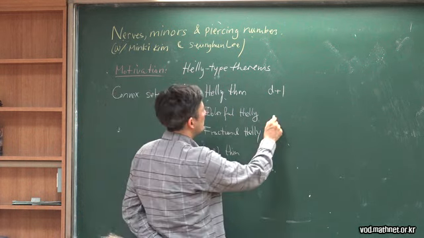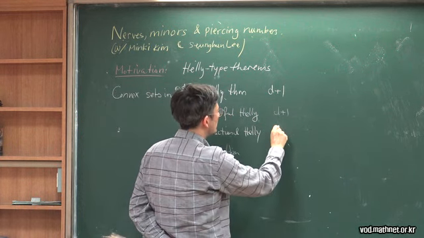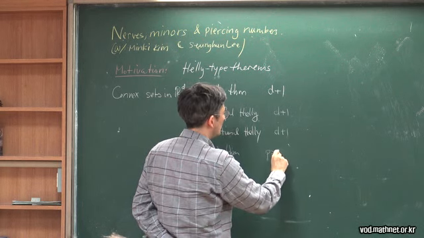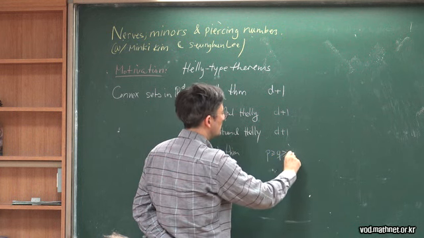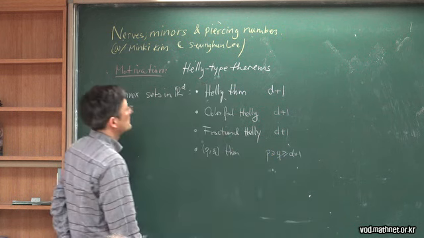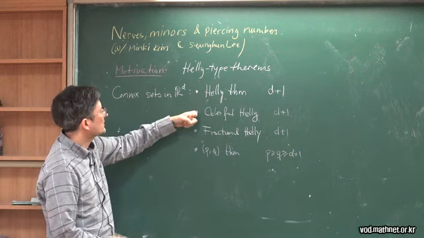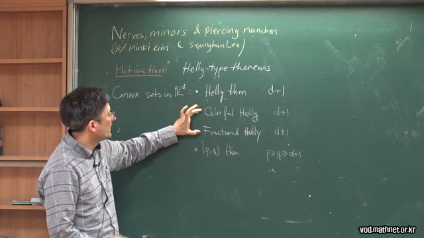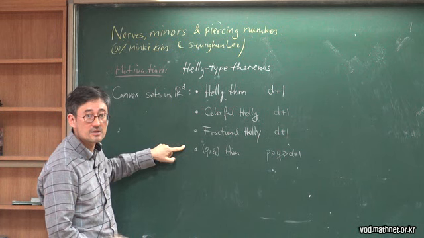In all of these theorems, again, here the number d plus 1 appears, here the number d plus 1 appears, and here p is greater or equal to q is greater or equal to d plus 1. I'll say what these mean. No, I won't say exactly what they mean, but these are kind of combinatorial generalizations. And the main thing in all of these, they're sometimes called robust Helly theorems.